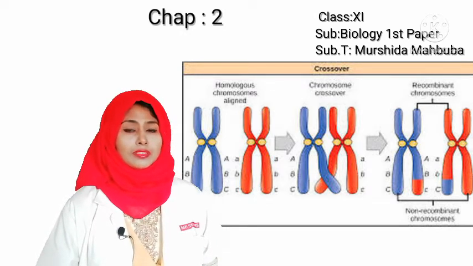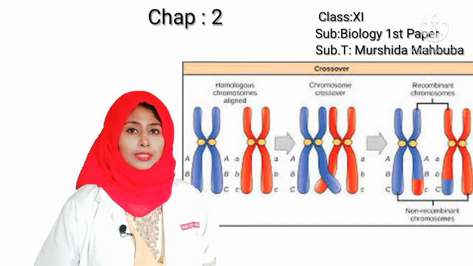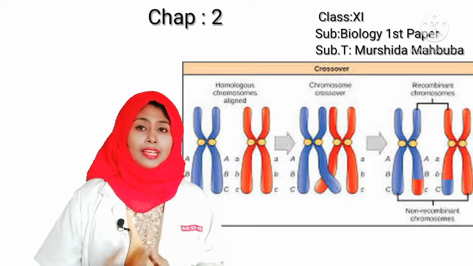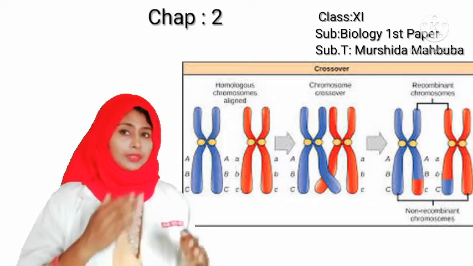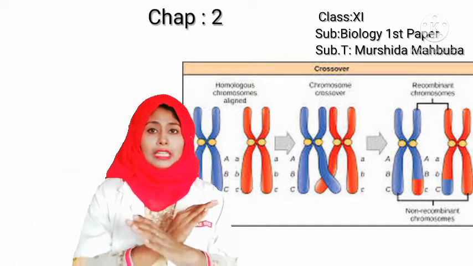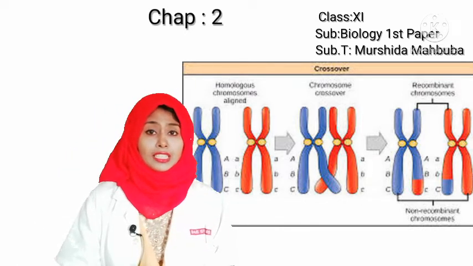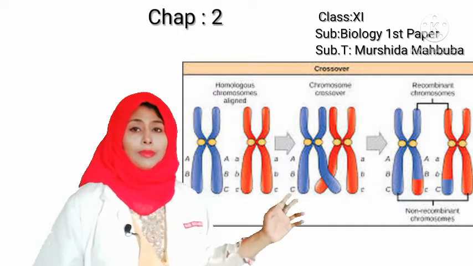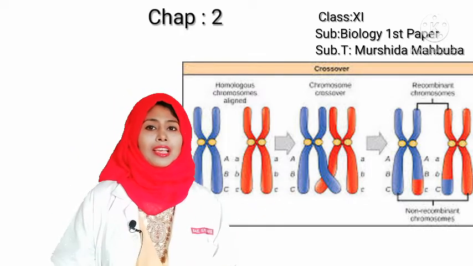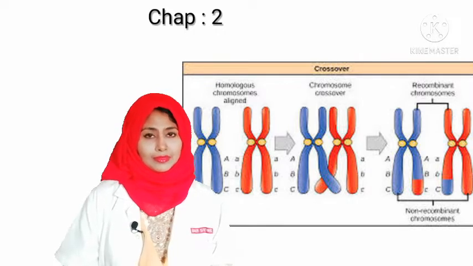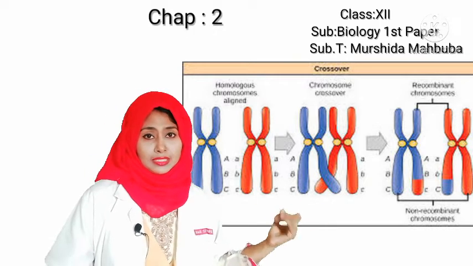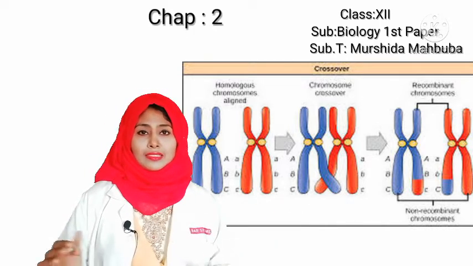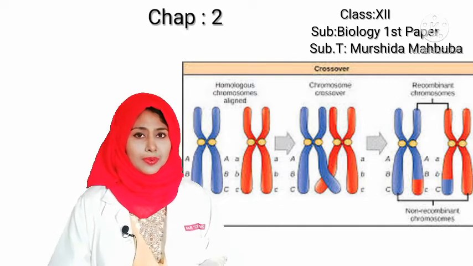What is non-sister chromatid? You have to memorize it properly. Then, chiasma or X-shaped structures are formed between non-sister chromatids. Then, at the point of chiasmata, the two non-sister chromatids break down. Then again, they join with the other chromatid parts. Thus, they exchange their parts.